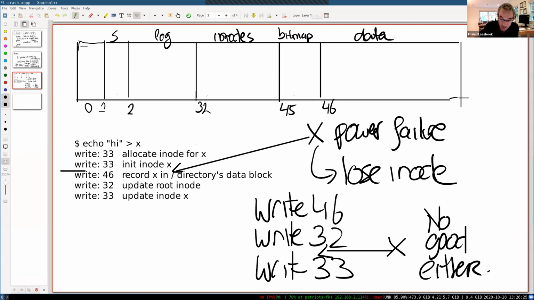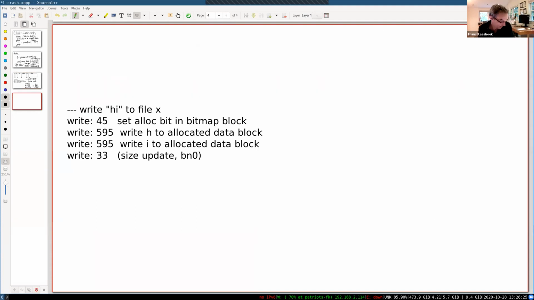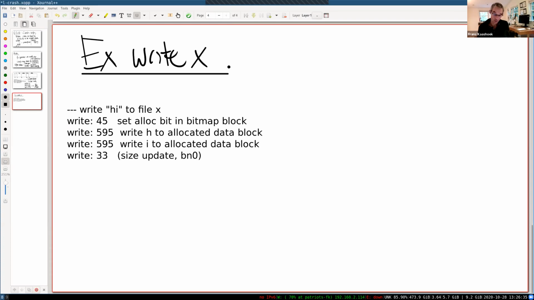Okay, let's look at one more example. Here's the example of writing to the file X. Once we have the file allocated, let's say that all succeeded, and now we're executing the write system call. The write system call also does multiple write operations, as we saw on Monday. For example, it will allocate a block, in this case block 45.